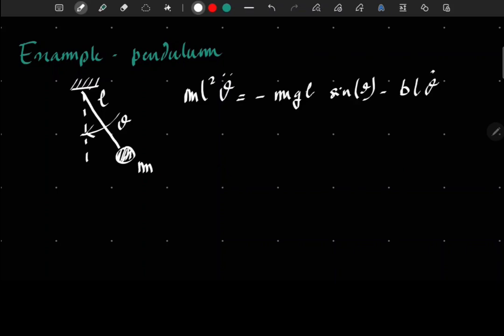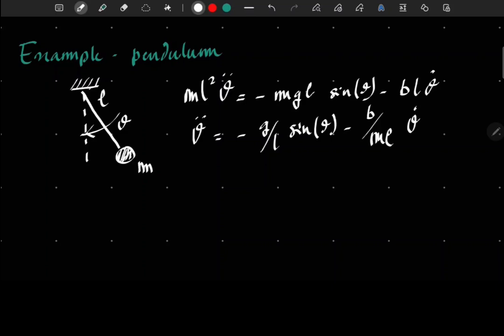And note that these equations are very similar to the equations of the damped harmonic oscillator we have seen in the previous video. So we can write this as theta double dot is minus g over L the sine of theta minus b over m L theta dot. And as we have done in the case of the damped harmonic oscillator, we will introduce an additional state variable.